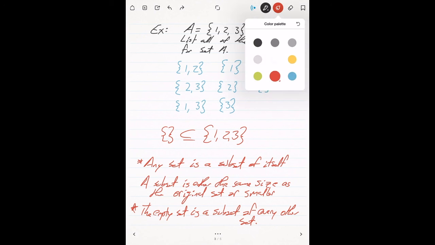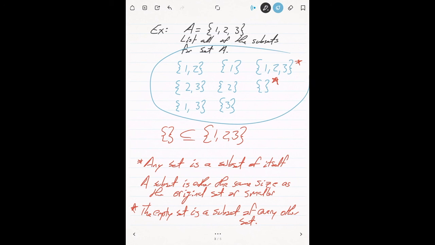One other thing I wanted to talk about. Now we have the collection of all the subsets to 1, 2, 3. You could list all of these as one giant set. You can have a set of sets. That's allowed. So all of these together make what's called the power set.